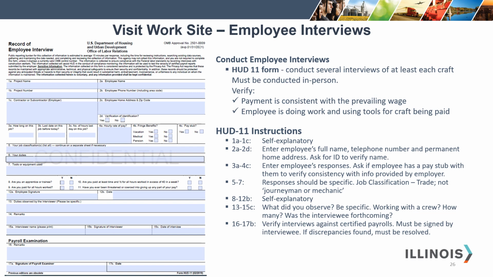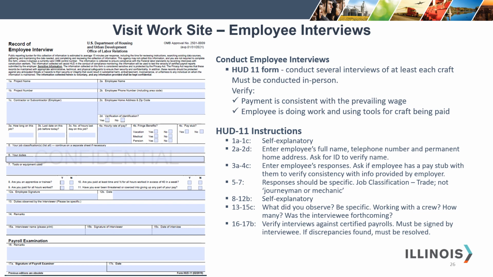Items 13 through 15C, what did you observe when you first came on site? Make your observations before you actually sit down to interview the employee, and be specific. Did you observe this employee working with a crew? How many were in that crew?